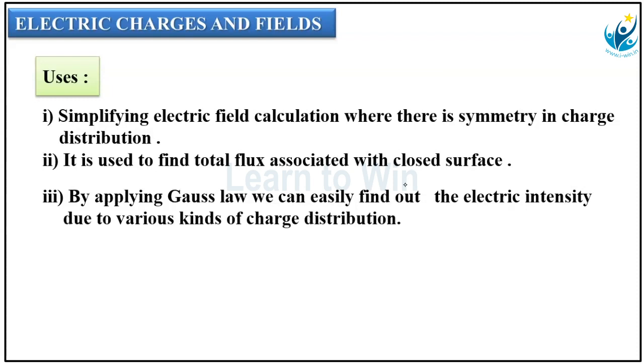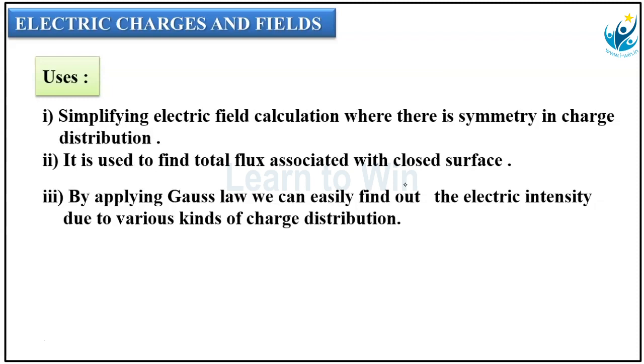What kind of charge distributions are there? Linear charge density means charge distributed throughout the length of the body, that we call linear charge density, lambda. If the charge is distributed throughout the surface, that we call surface charge density, sigma.